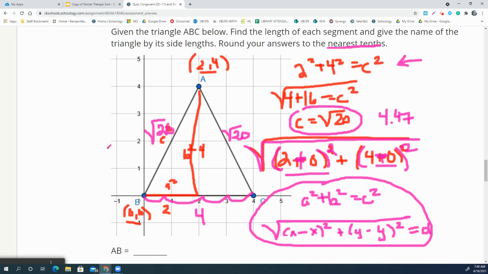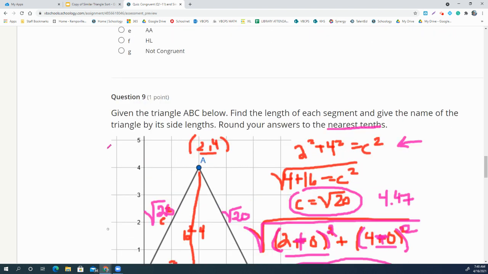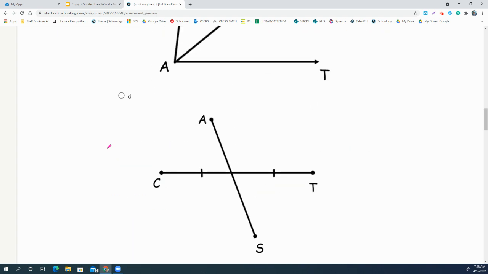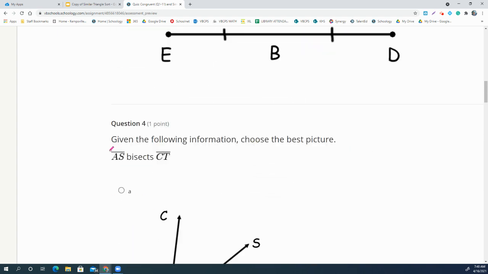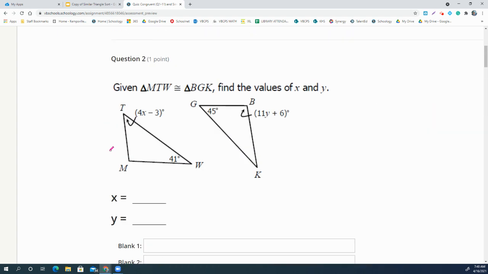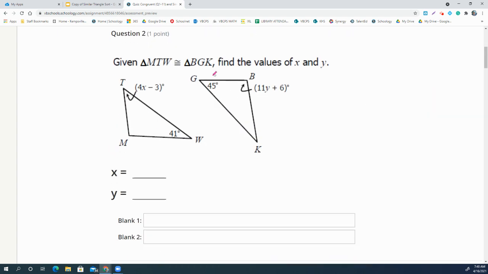Okay, so we've done 3 and we've done 8 and we've done 9. Somebody asked for 2, so let's go back up to 2. Okay, so here you're going to look at your key, and we'll definitely go to the last 2 questions.